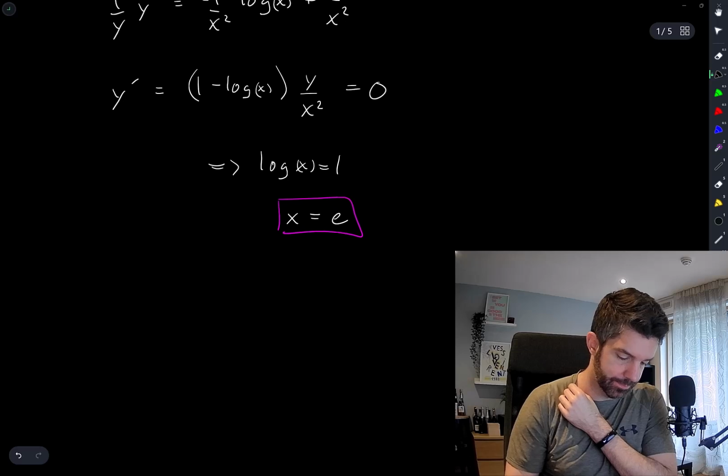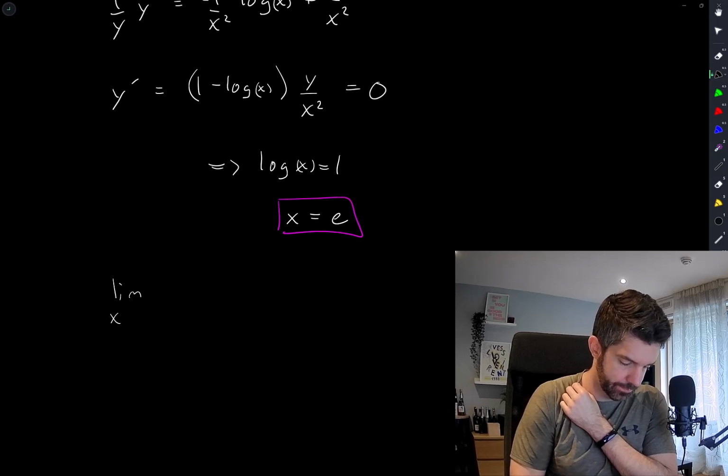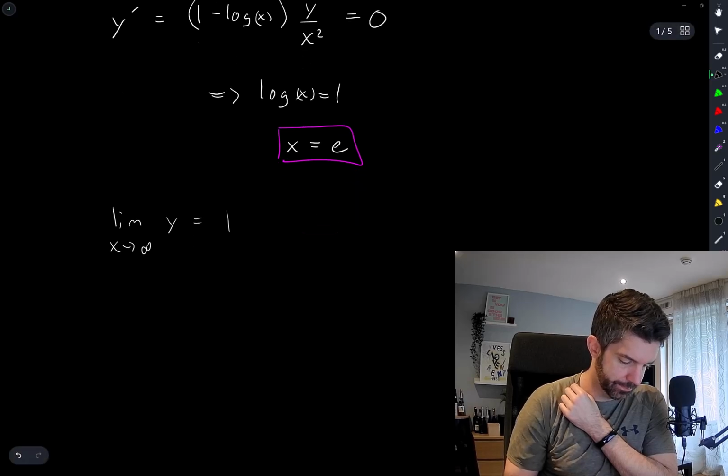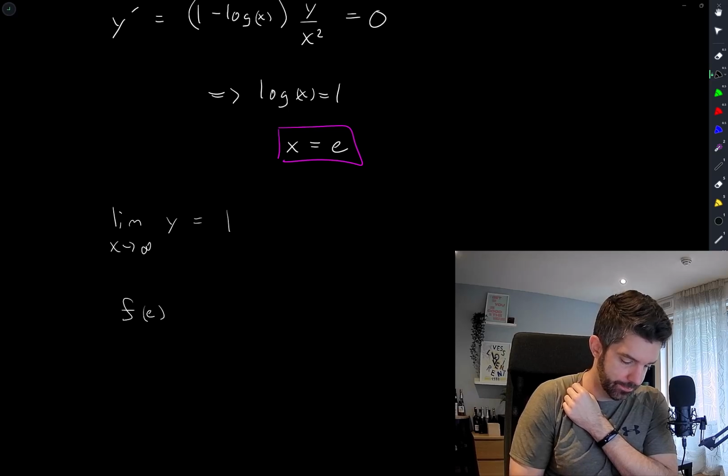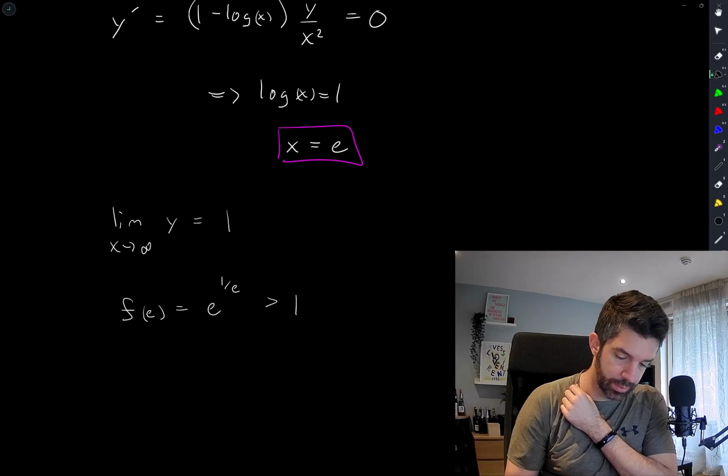And f of e is equal to e to the 1 over e, and that's greater than 1.